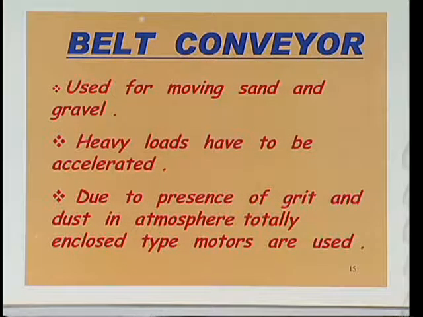So grit means small particles of sand. Dust means powdery substance of earth. So due to the presence of grit and dust, there is a possibility this will enter into the motor and winding may get destroyed. So totally enclosed type motor will be more useful for this belt conveyor.